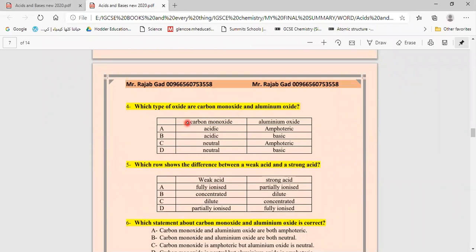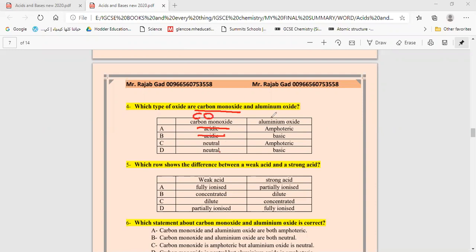What type of oxides are carbon monoxide and aluminum oxide? Now, in this one you have 2 columns. Take the first one, carbon monoxide. We said a minute ago that carbon monoxide, chemical formula CO, is neutral.